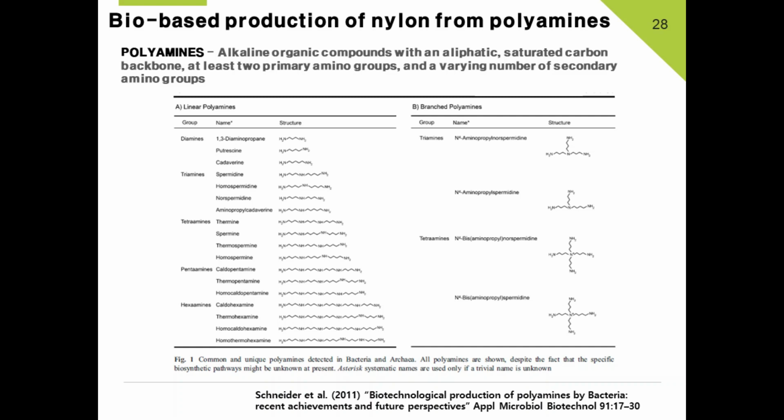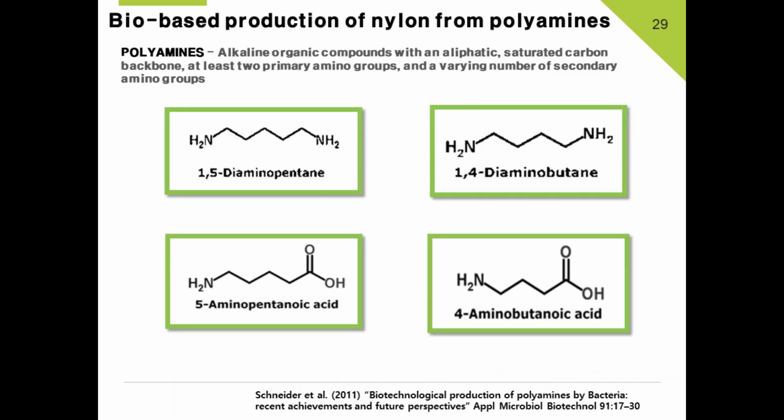There are a lot of bio-based nylon monomers, such as some amino acids and some aminobutyrate, but I'll focus on polyamines in this slide. So polyamines are alkaline organic compounds, aliphatic, saturated carbon backbone, and at least has 2 primary amino groups.